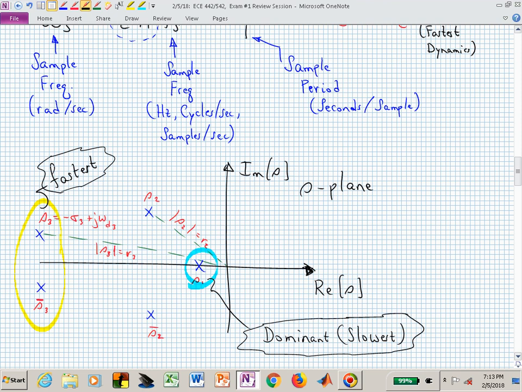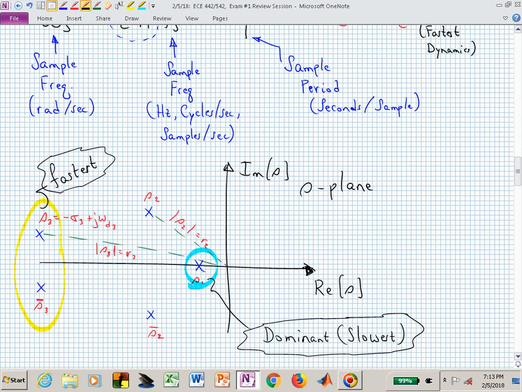Well, you need to make sure that you're sampling consistent with those two compared to one another. And how do you compare them? By looking at their hypotenuse, or their radial distance from the origin. You would try to find the one that's furthest away from the origin, and that's going to influence. In this class, we'll just agree that we find the largest hypotenuse, and that's the one we use to determine omega sub s with our rule of thumb.